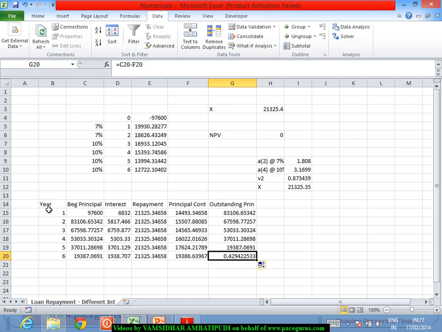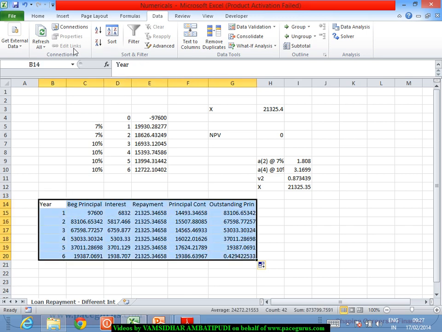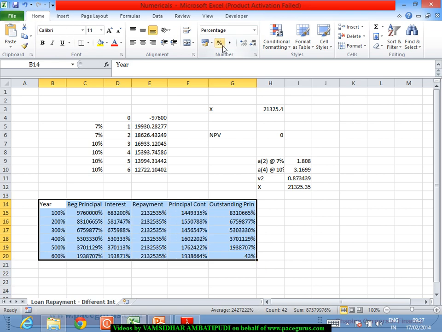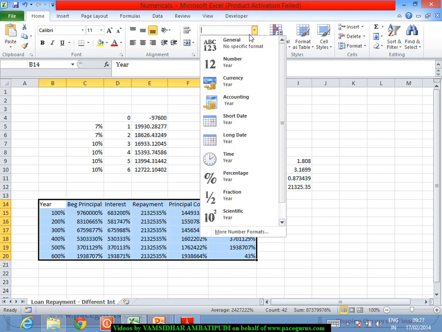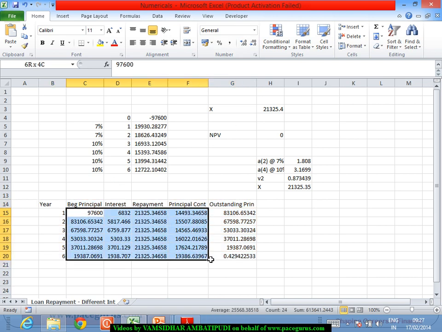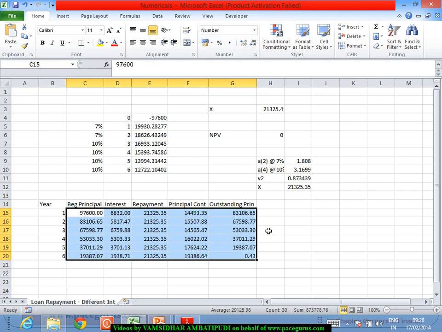So this kind of a table is what we are plotting as our amortization table, which will give me the breakup between the principal and the interest values during the period. So let me take these numbers.